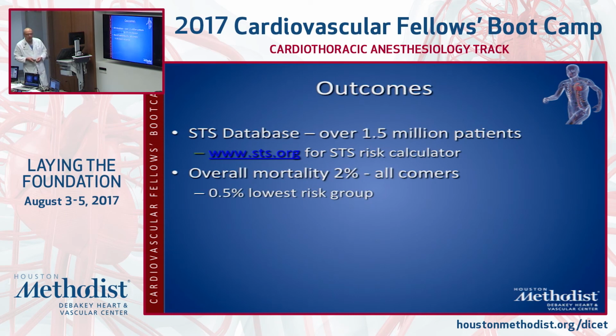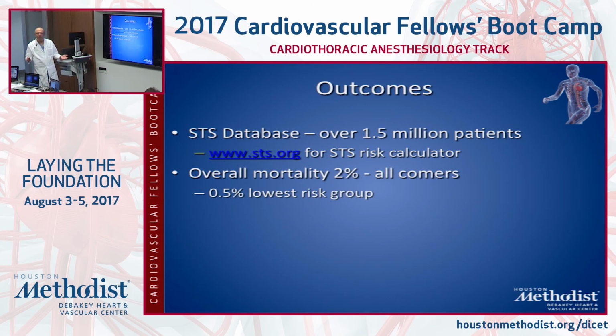All you have to do is Google STS risk calculator, and the top hit that comes up will be this online method for you to calculate the risk of any particular patient that's sitting in front of you. It takes about three minutes, perhaps 5 minutes tops to do it. And it's based on the STS database of about 1.6 or 1.7 million patients now, which started in the early 2000s.